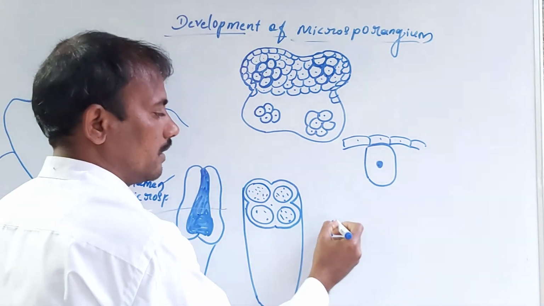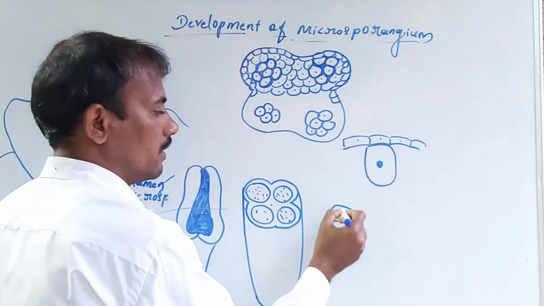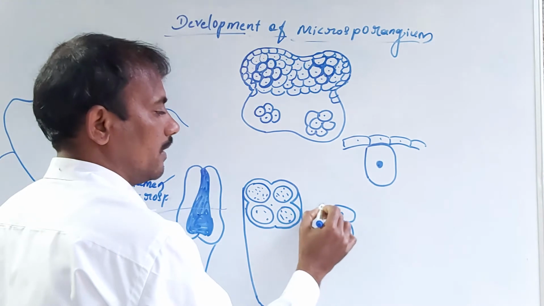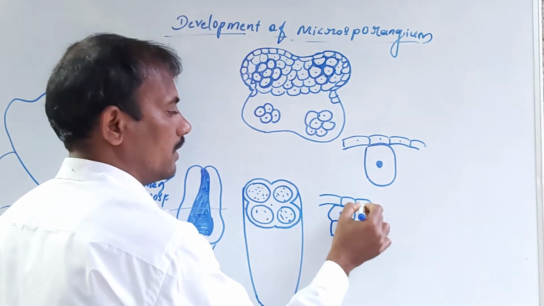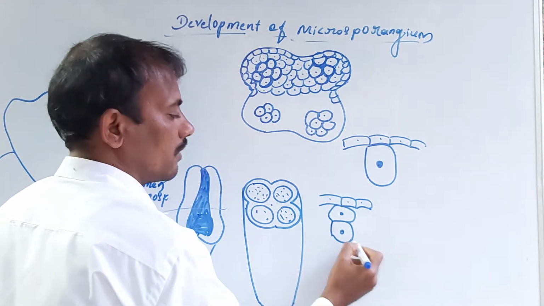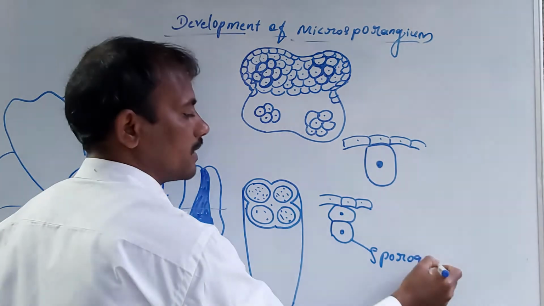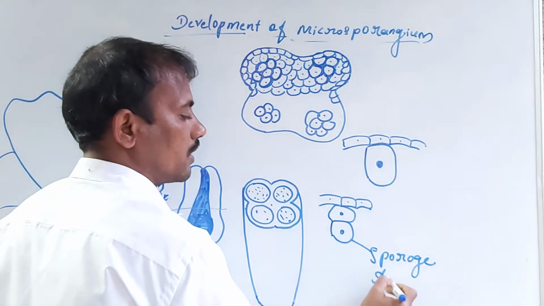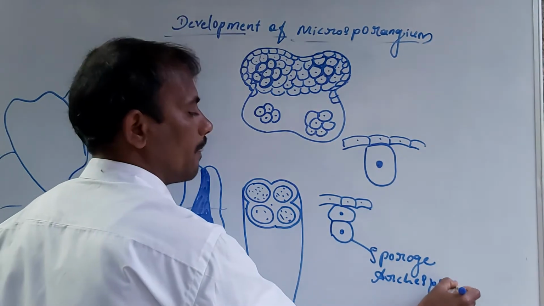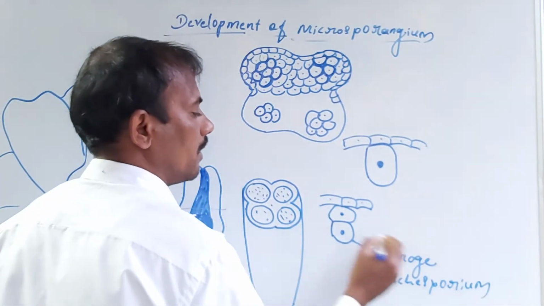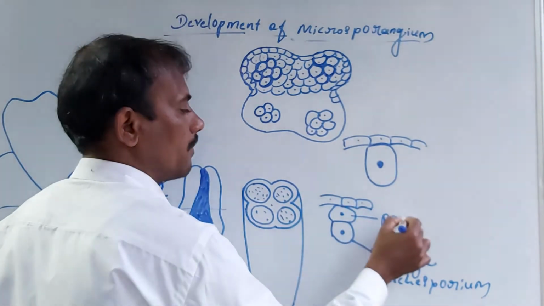The inner archisporium cell and an outer parietal cell, and this is the wall of the anther, like this. The sporogenous, also called archisporium cell. This is the parietal cell.